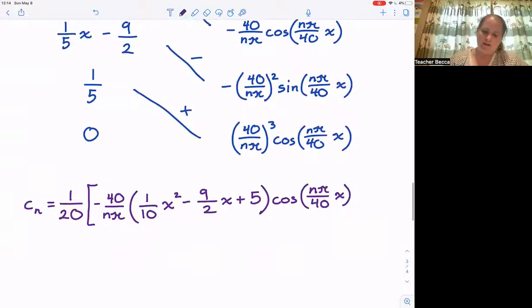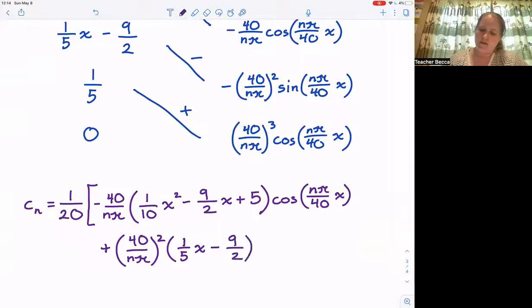Then we are adding on 40 over n pi squared times 1/5 x minus 9/2 times sine of n pi over 40x.